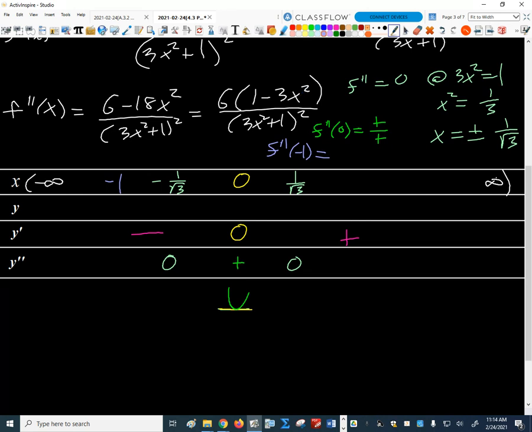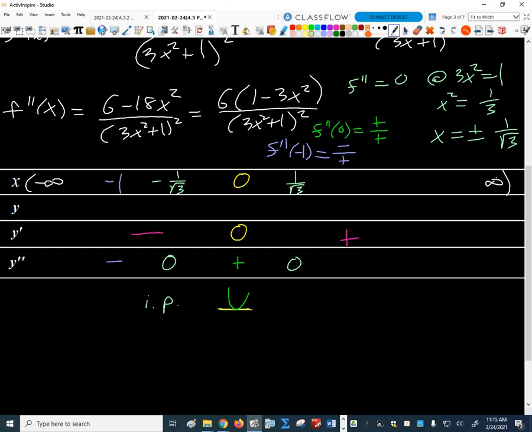That's negative, right? I get positive times negative on the top, which is negative, divided by positive. That gives me a negative concavity there, doesn't it? Right? So then I know that this is an inflection point because it's a place where we're transitioning from negative second derivative to positive second derivative. So we're going from concave down to concave up, right?